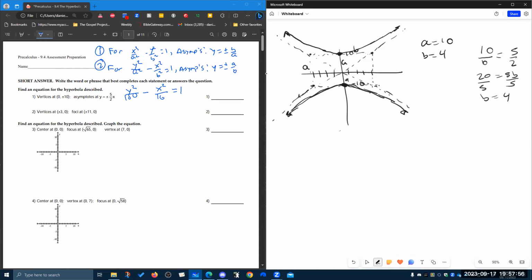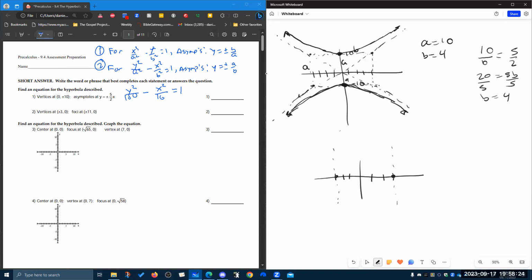All right, let's look at the second one that has vertices at x equals plus or minus 3. And so they're going to define the side of my box here. And then I have foci at plus or minus 11.